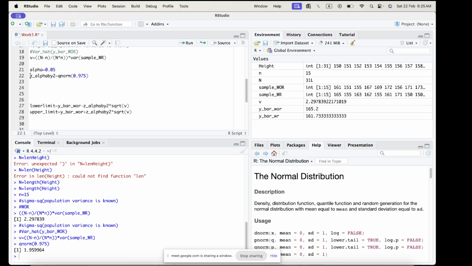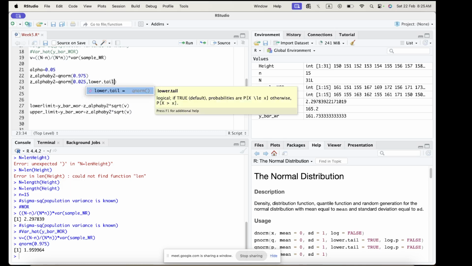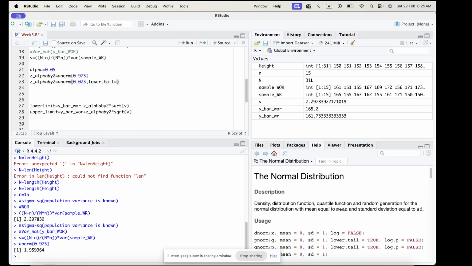Or, if you do not want to remember this, you could also write 0.025, but mind you, in this case you have to specify lower.tail equal to FALSE.